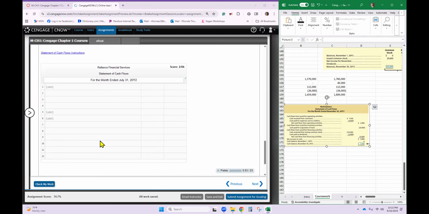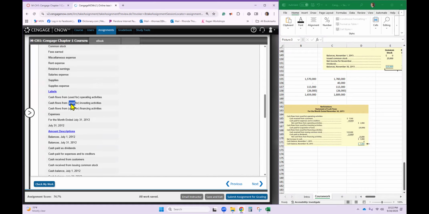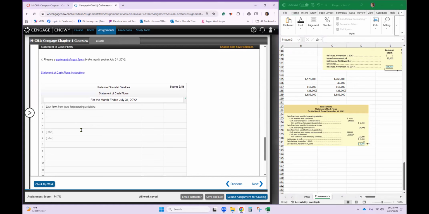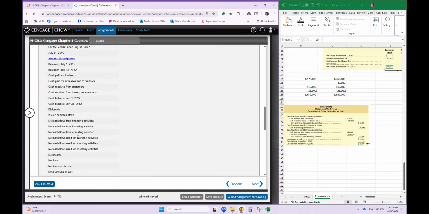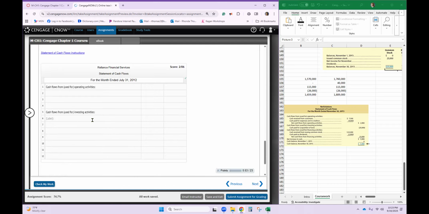So we're ready to put in our titles. Okay, cash flow from operating activities, cash flow from investing activities, and financing. Put the labels in. Okay, so then cash.